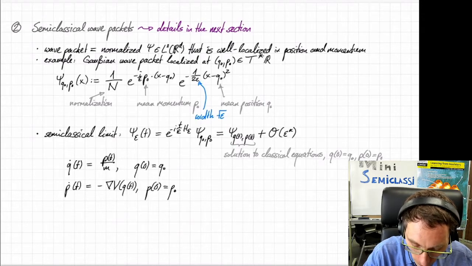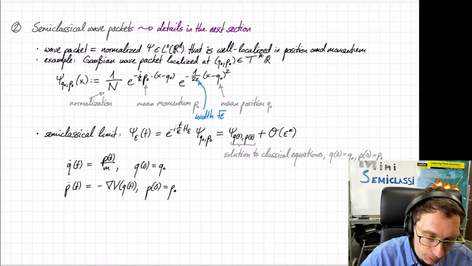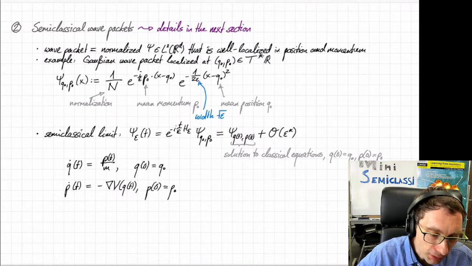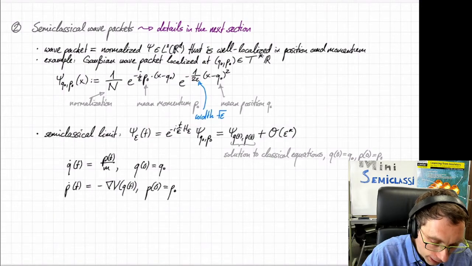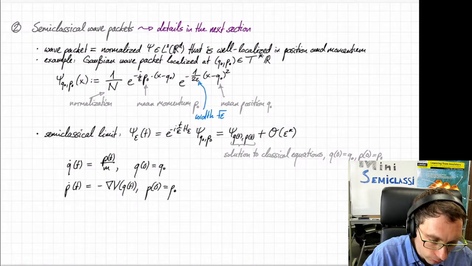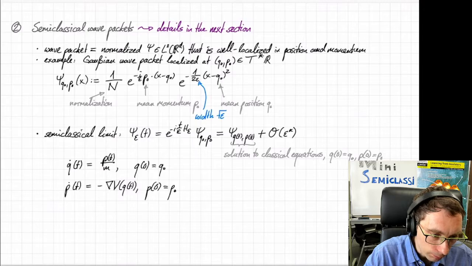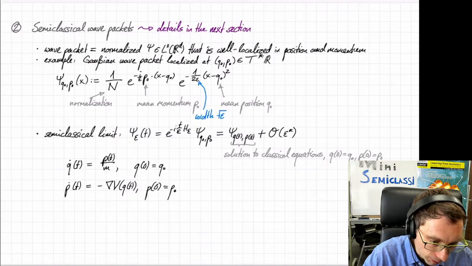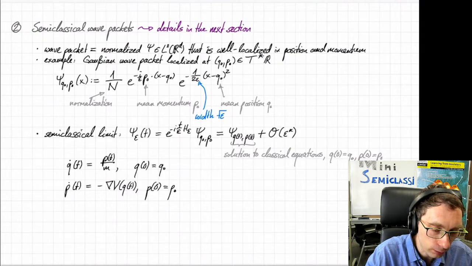And the reason why the width is square root of epsilon, in some sense you can think of it like this. So a spatial scale of square root epsilon, or in the right units 1 over square root of epsilon, is big on the microscopic scale, but it's still small on the macroscopic scale.